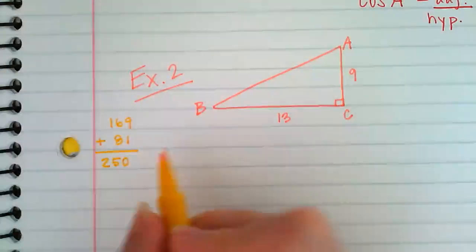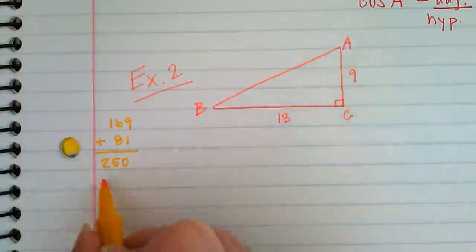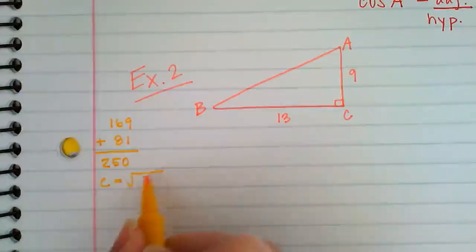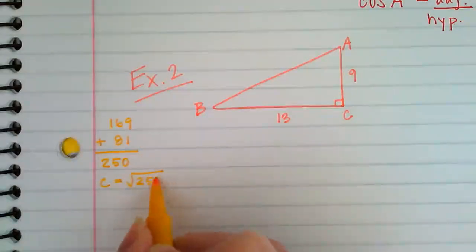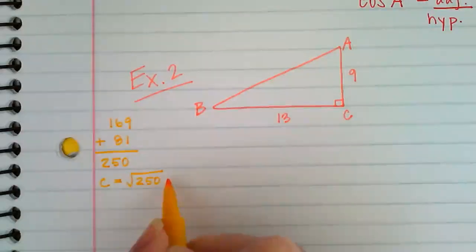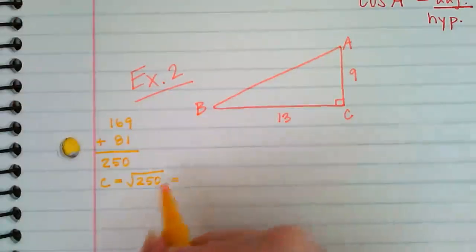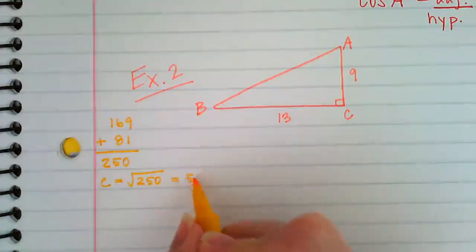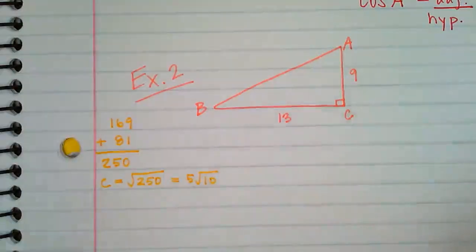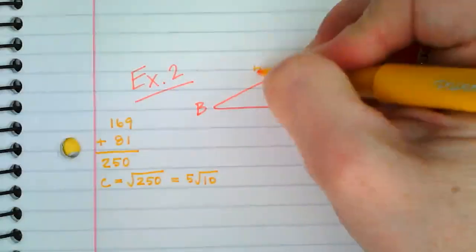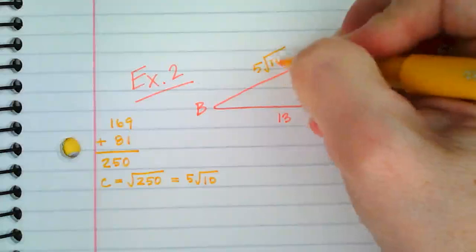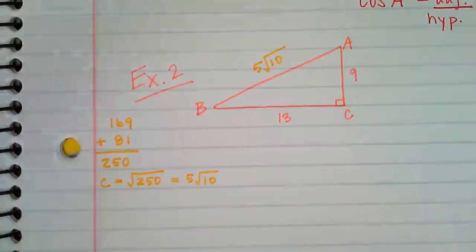All right. So that tells me that c is going to be the square root of 250, which we could simplify to be 25 and 10, so 5 root 10. So this one will be 5 root 10. All right, so that was just doing Pythagorean Theorem to figure out our missing side.